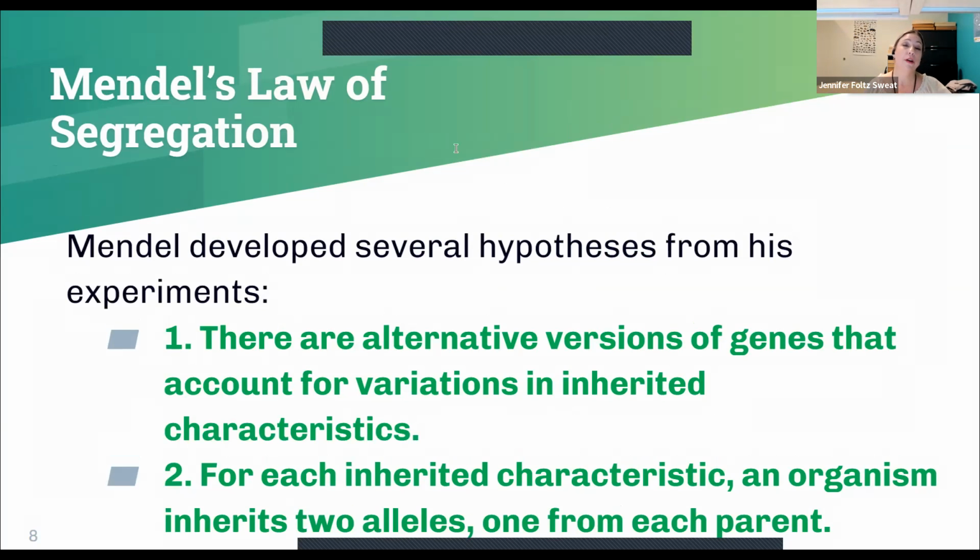So first of all, a variation in an inherited characteristic would mean flower color is the gene. The variation is purple or white. So all number 1 is saying is that there are alleles for genes, and that these alleles account for differences like purple and white. Okay.